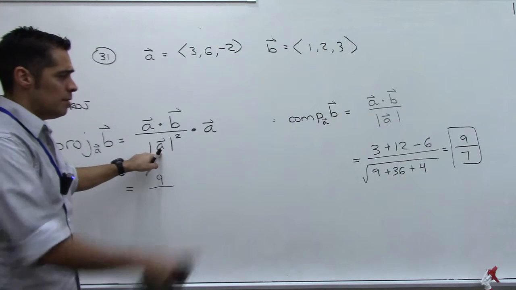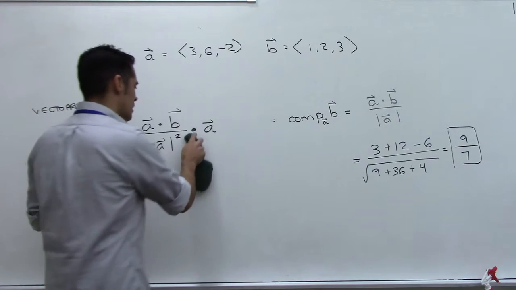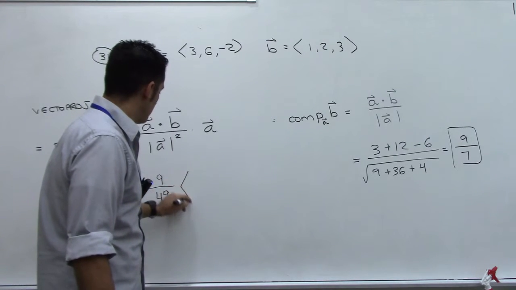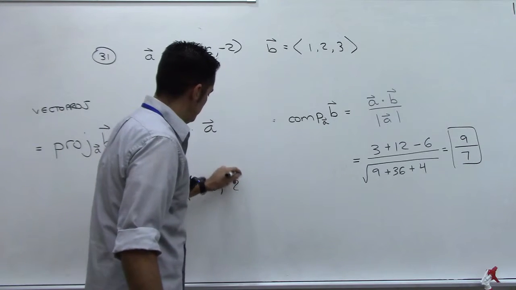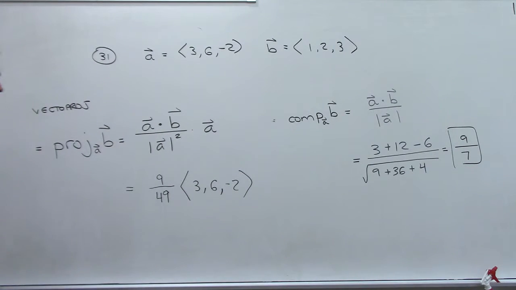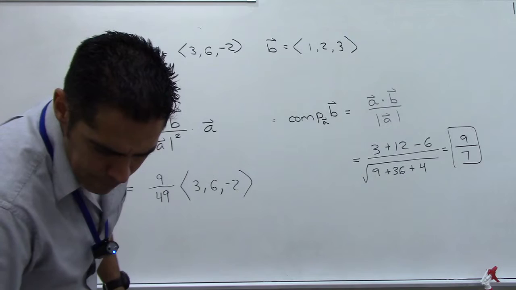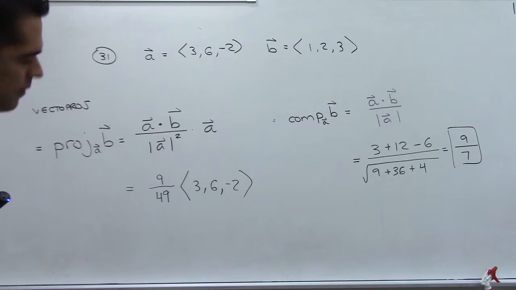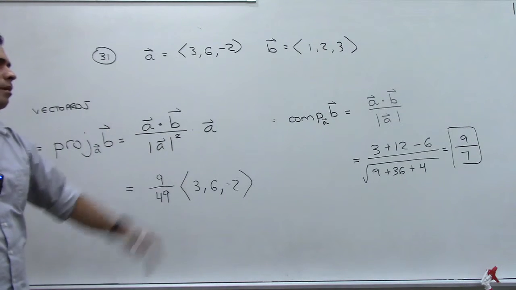The magnitude of A was 7, but we square it, so 49. We multiply that times the vector A, which is 3, 6, negative 2. Just distribute through, and you get 27/49, 54/49, negative 18/49.